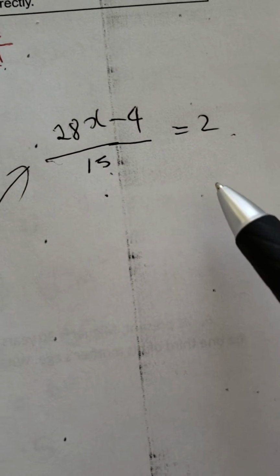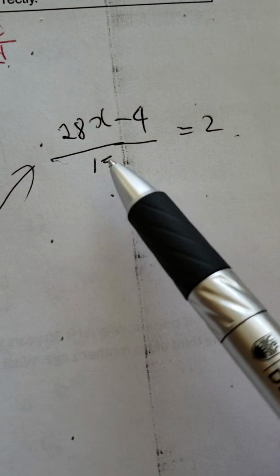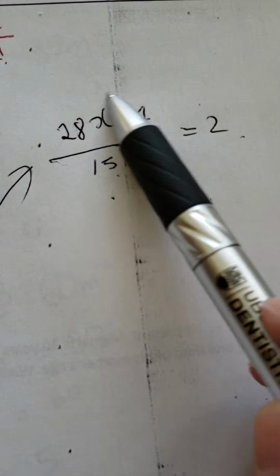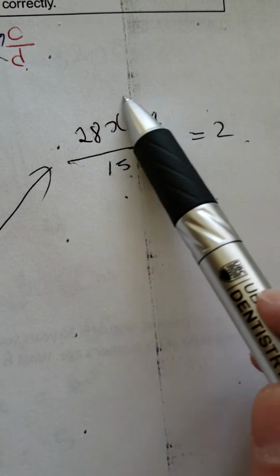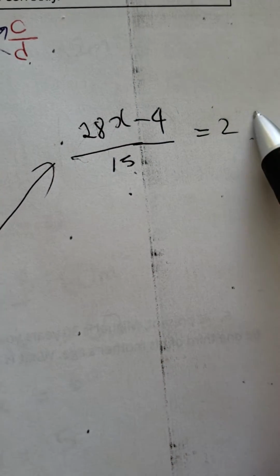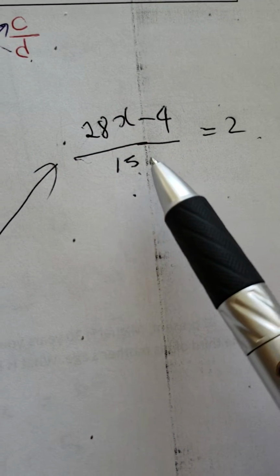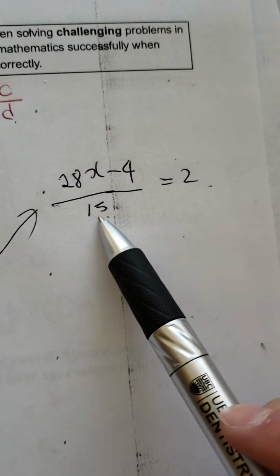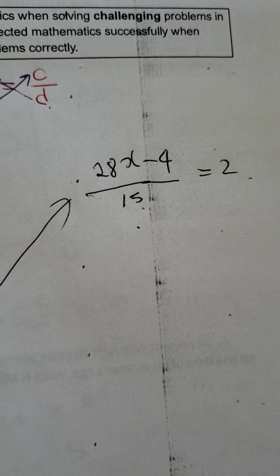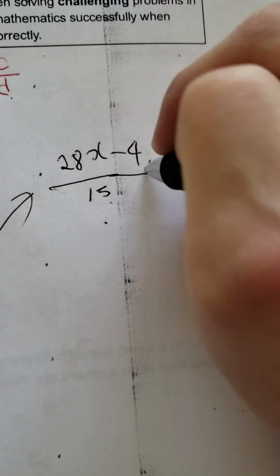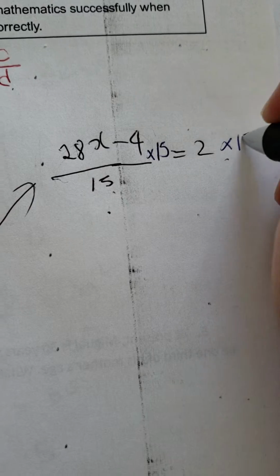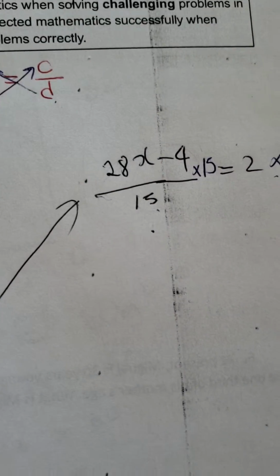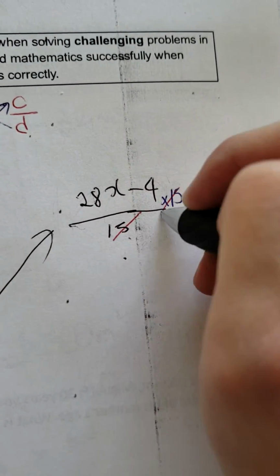Because we cannot simplify it any further, I'm going to look at this whole question as an equation now, and I want to get rid of this denominator. So I'm going to multiply by 15 on both sides, and this crosses out.